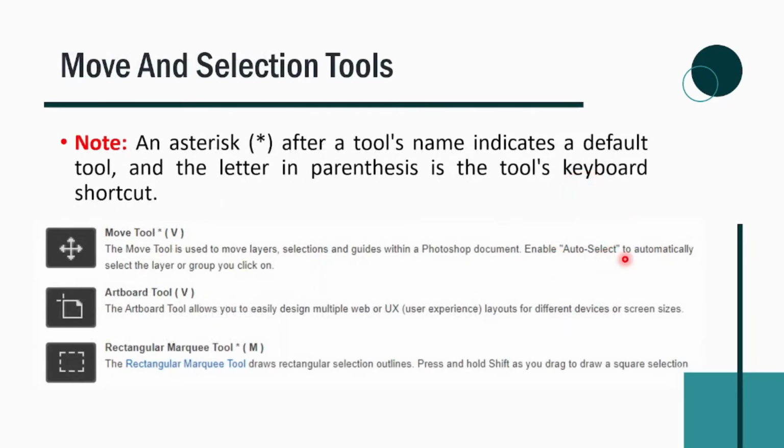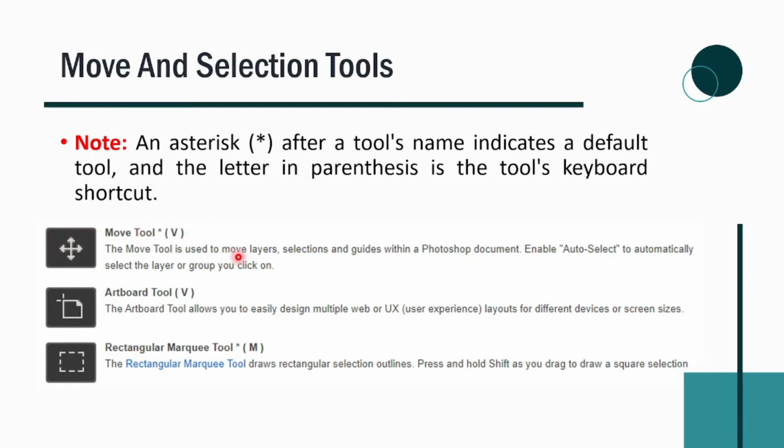Now, let's proceed to move and selection tool. Okay, the move and selection tool, this one, is simply V. Okay, so please take note that an asterisk after a tool's name indicates a default tool, and the letter in the parentheses is the tool's keyboard shortcut. So, for example, this one, the move tool, kaning pinakauna nga tool class.